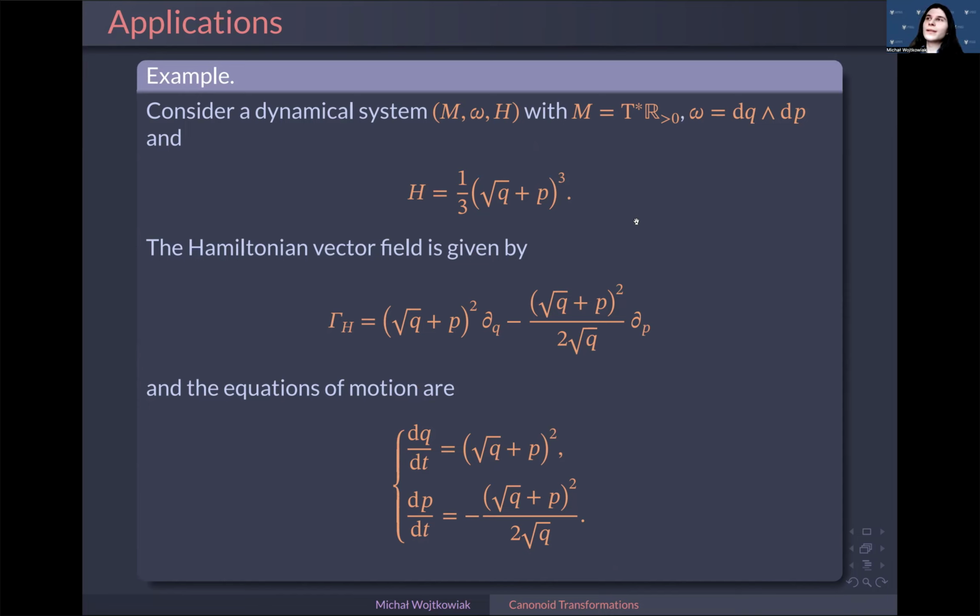It contains the root of q plus p to the third power, and the resulting equations of motion are not very pretty again. And canonical transformations, in this case, at least I didn't find any canonical transformations which make this any easier.